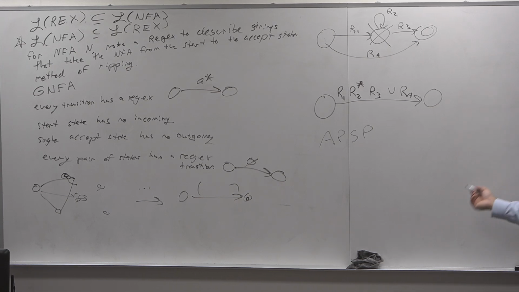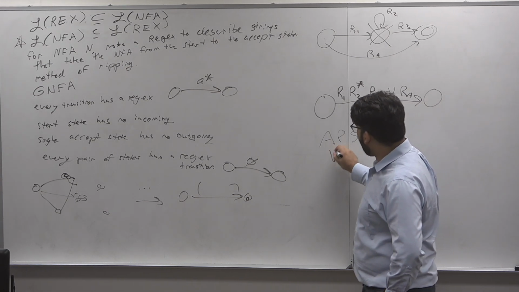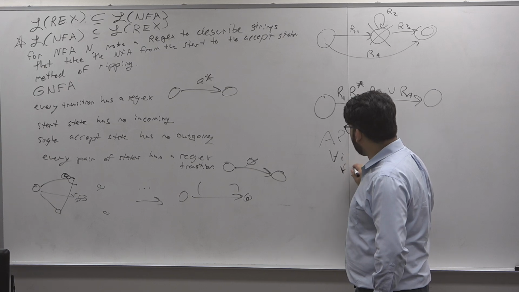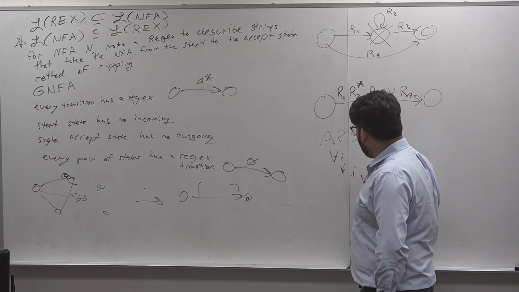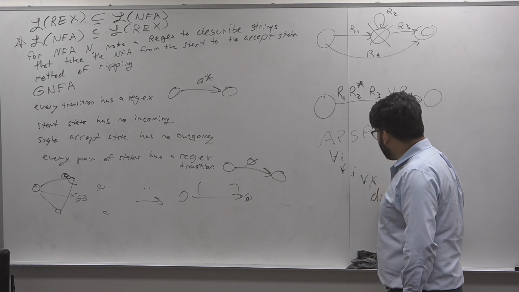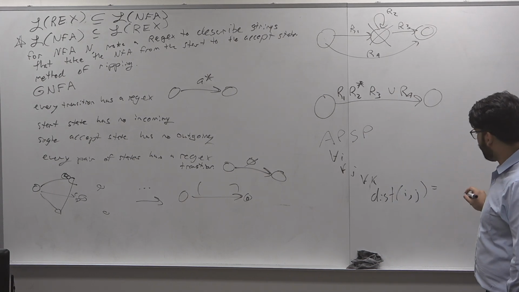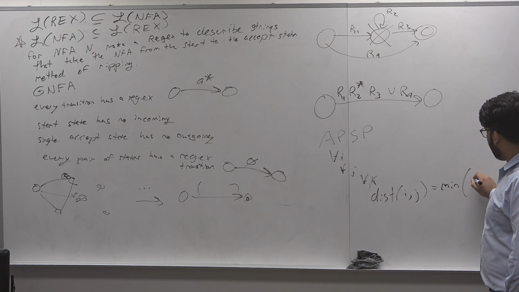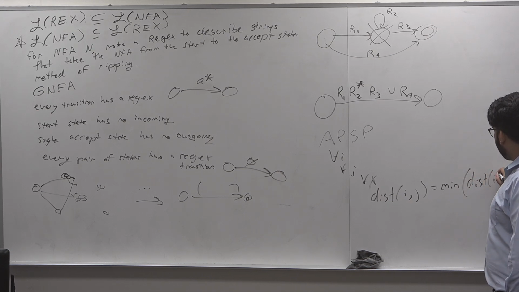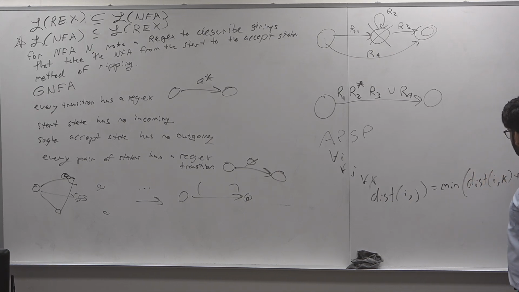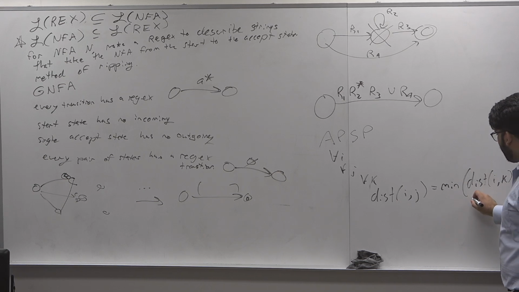And what he came up with was this recurrence, which is like for all i, for all j, and these are for loops for all k, you update the distance between nodes i and j. This is a total tangent, you don't even have to write this down. To be the min of the distance of i, k plus k, j, with the min of that with dist i, j, right?